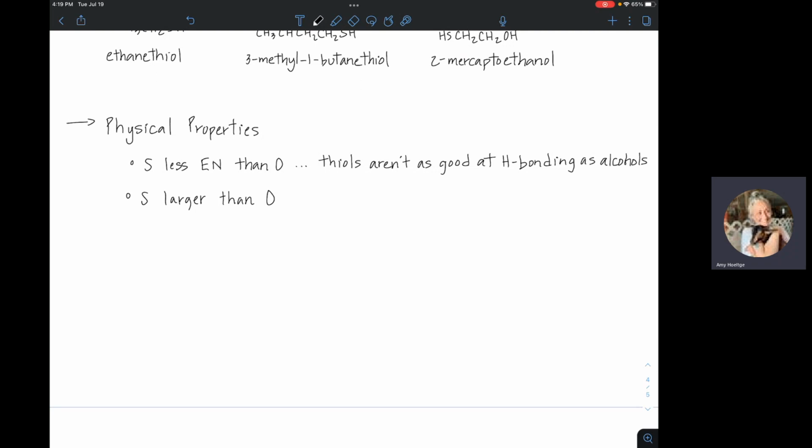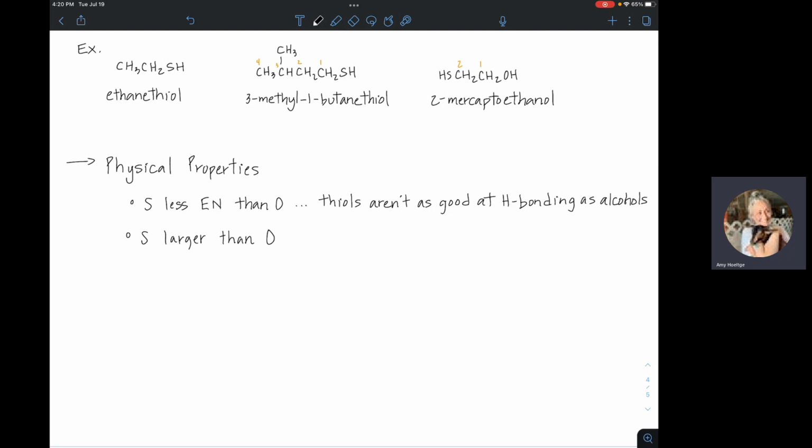All the physical properties associated with intermolecular forces of attraction. If you're comparing molecules with similar masses, the boiling points are going to be lower than that of an alcohol. So ethane thiol will have a lower boiling point than ethanol. Ethanol has a boiling point of 78 degrees Celsius, and ethane thiol is somewhere around body temperature, like 37 degrees Celsius.